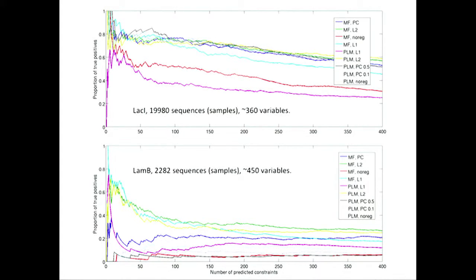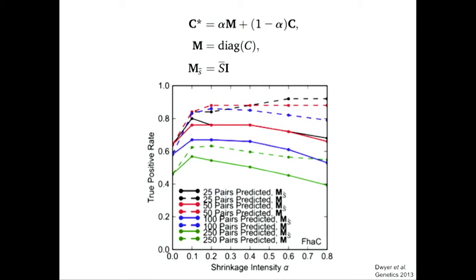It does seem to clearly be to do with sampling, and we were able to show, I'm flicking over this slightly quickly, that if we use shrinkage, so instead of just using the covariance matrix, we upweight the diagonal, then we can do significantly better. So this is with 0 shrinkage, our true positive rate for 100 pairs is around 60%.